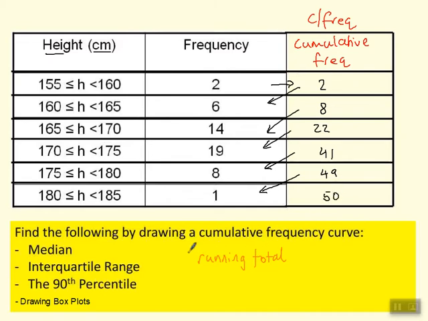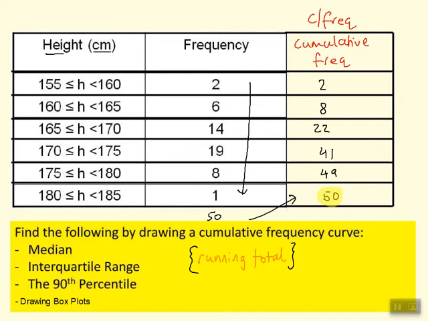Just remember, cumulative means it's like a running total. You start off with the first frequency and you keep adding the next one down. A good way to check that you've done it right is that this bottom number, 50, should be the grand total of the frequencies. If you add up all of these, that should come to 50, and that should be that number there, which it is.